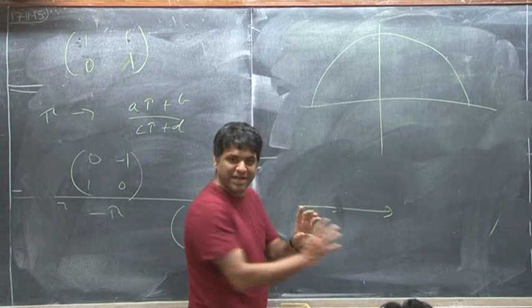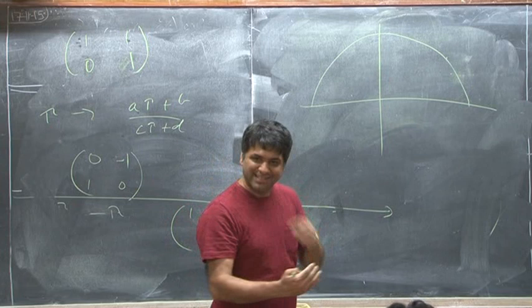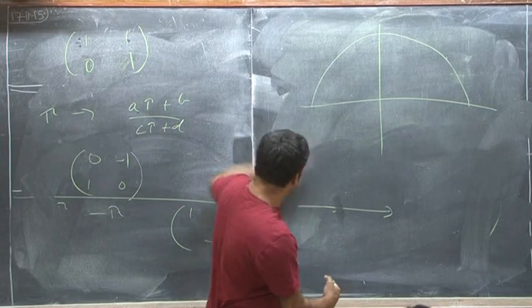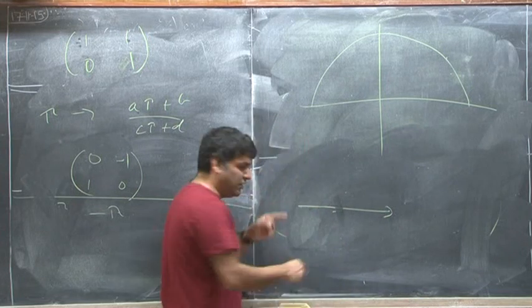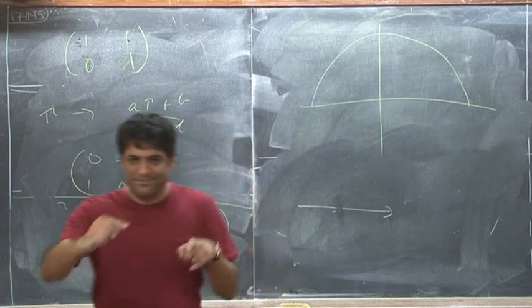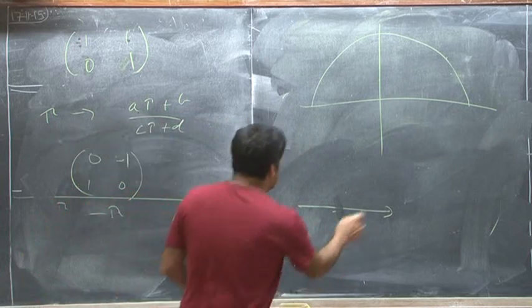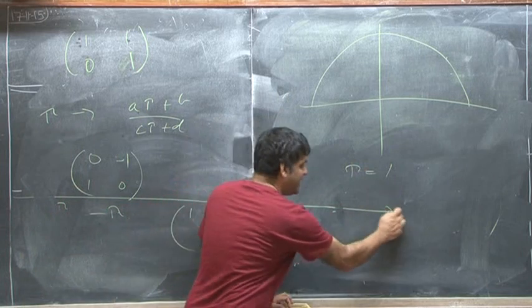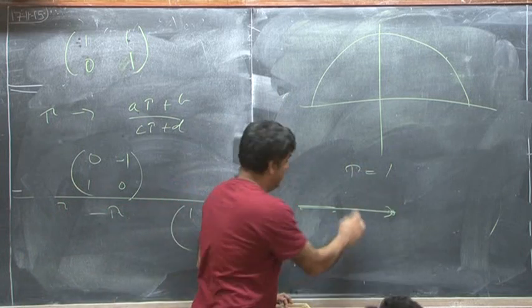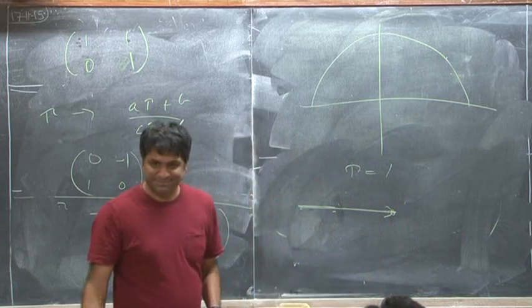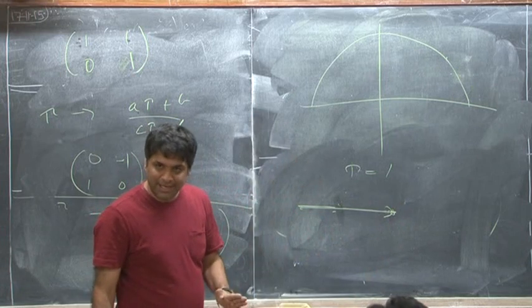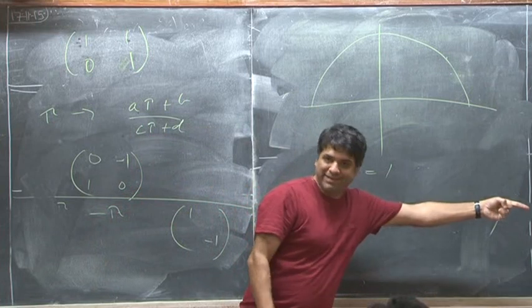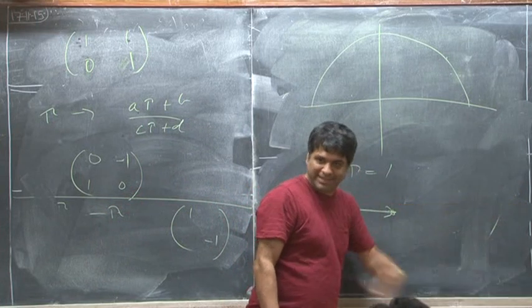What you want is to generate some part of the plane. Otherwise you've got a bunch of lines. Suppose we chose tau equals 1. That's generating one identification, so it's only identified by one thing. That's not a problem.